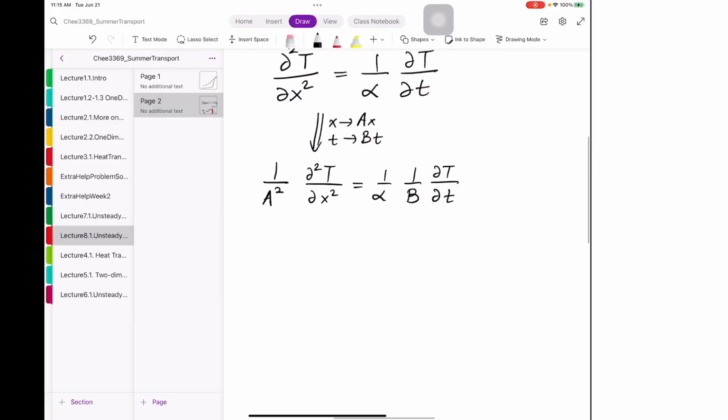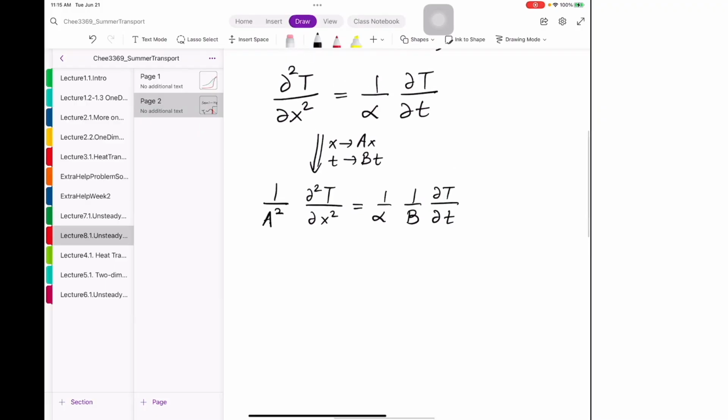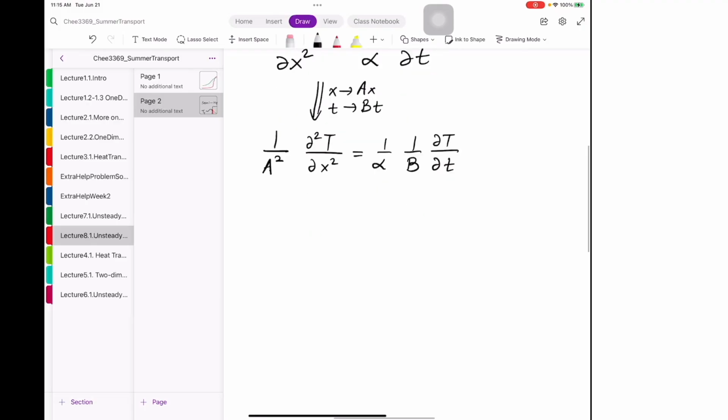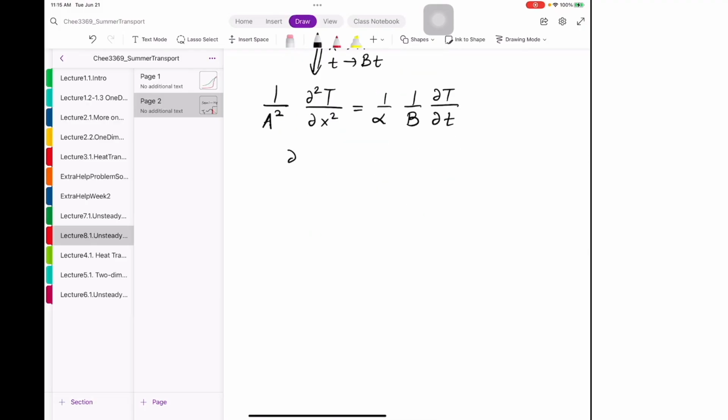So I zoomed in my position, I zoomed in my time, and I found a different equation. Del squared T over del x squared is equal to a squared over b times 1 over alpha del T over del t.